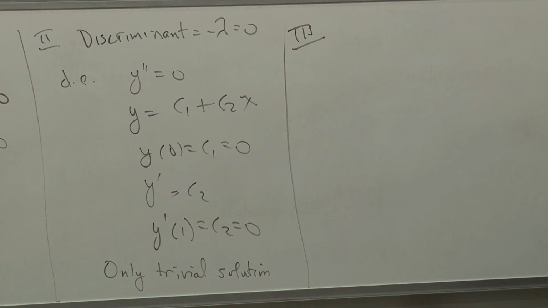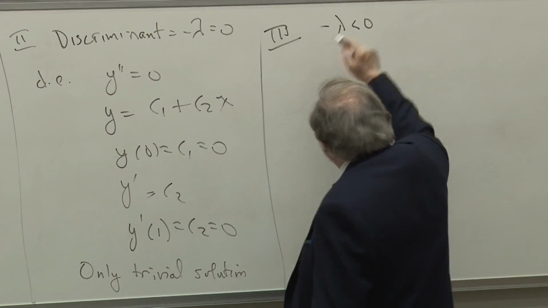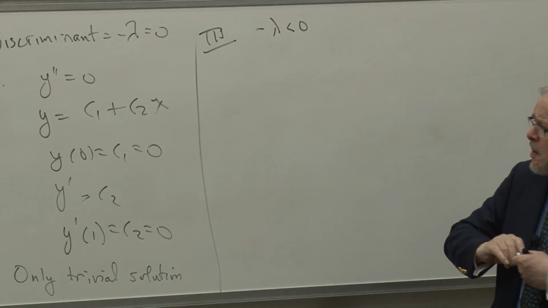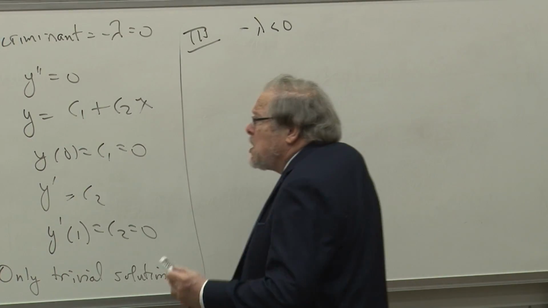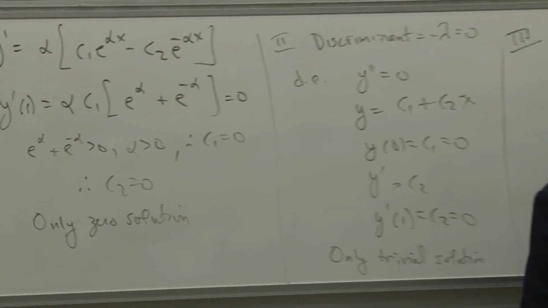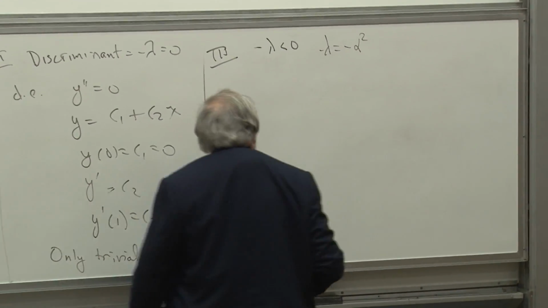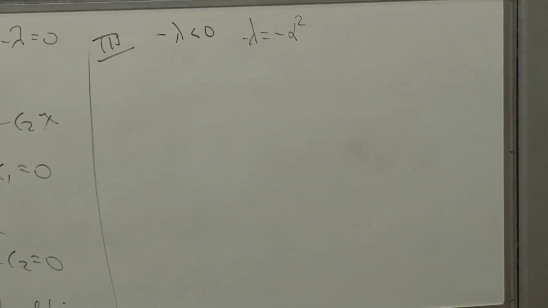So the third case is the discriminant being negative. And just as when it was positive, I wrote it as alpha squared. When it's negative, I like to write it as negative alpha squared, so it really looks negative.